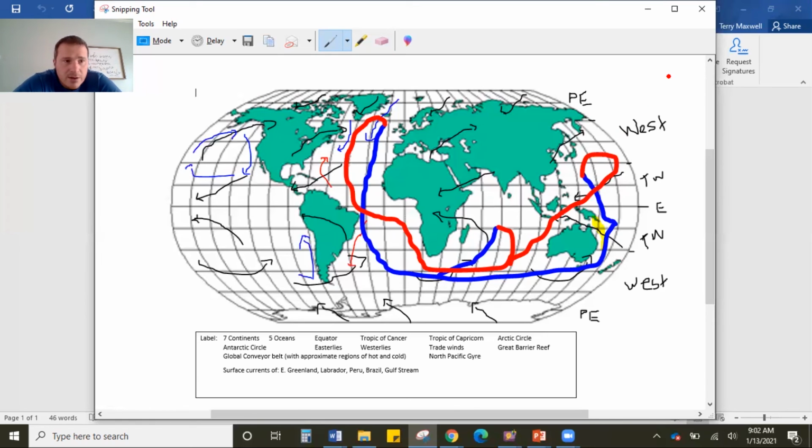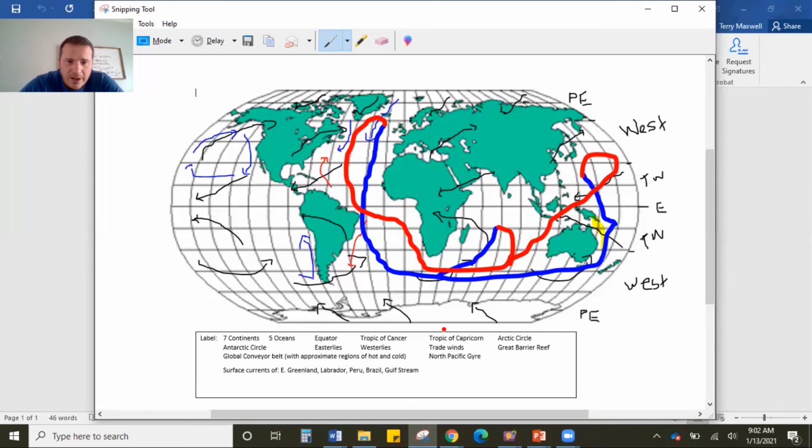Our surface currents can travel all the way down about 400 meters. So these are deep, multiple kilometers deep in the ocean, on the ocean floor. Some of these are 5-6 kilometers deep as they move through the ocean. But this is going to regulate the Earth's temperature and the ocean's temperature in general. Very important phenomena in our oceans.